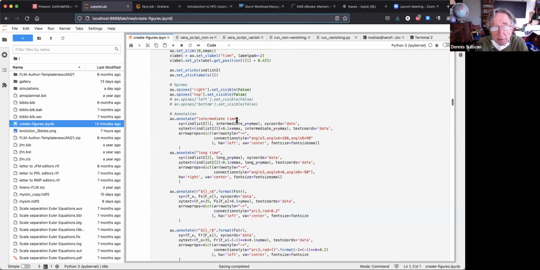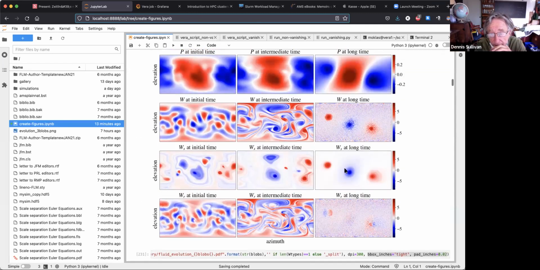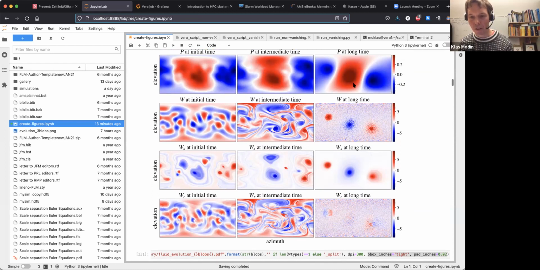And that's what you see in the plots as well. Here you see the stream function P, and here is a complicated vorticity, right? But if you look at WS, it's like taking this vorticity and averaging along the level sets of P.